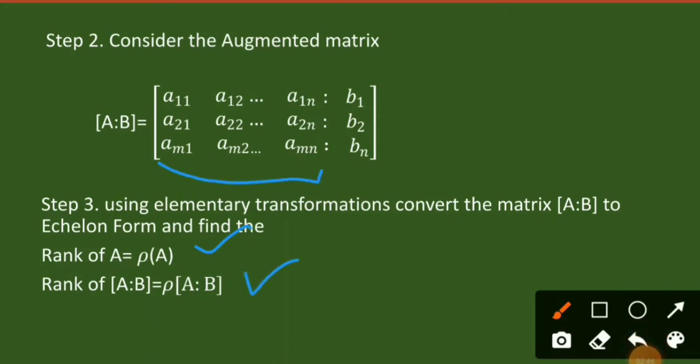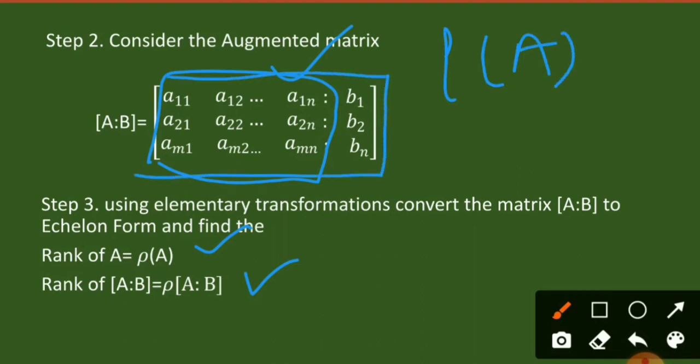Rank of A means we count the number of non-zero rows in the matrix A, right? If we count the number of non-zero rows in the full matrix, that will give us the rank of A double dot B. So we have to write both the ranks.